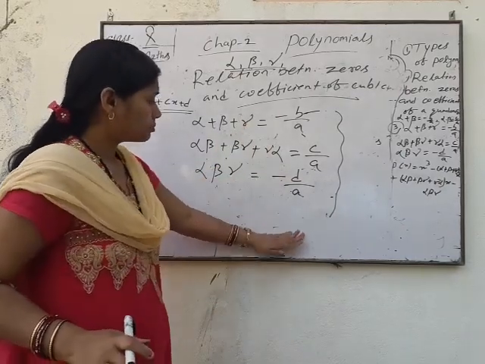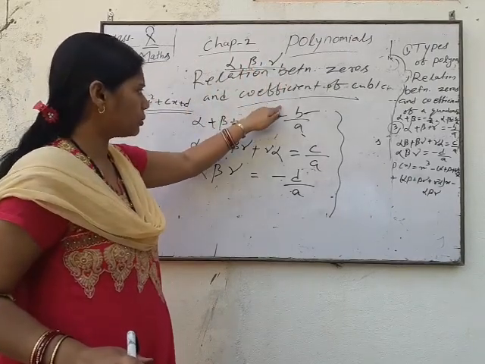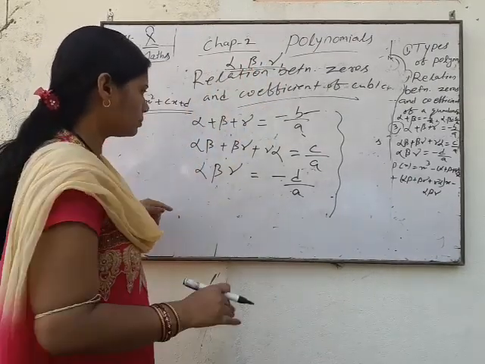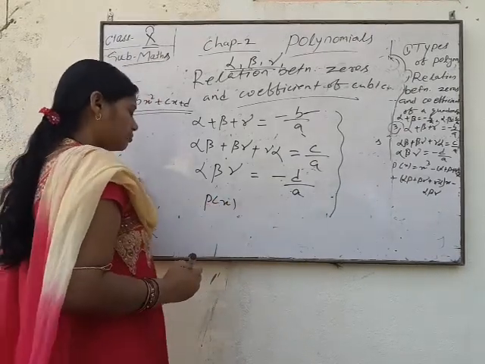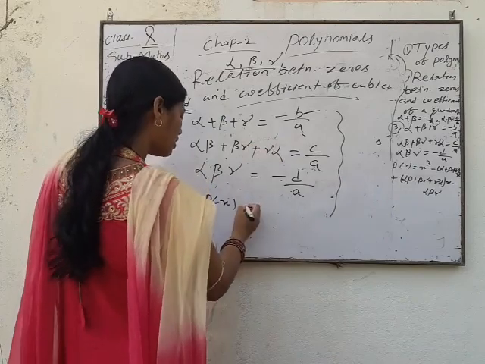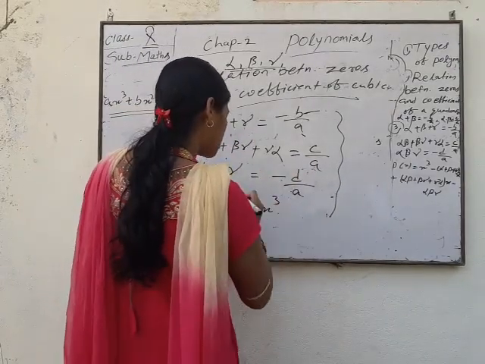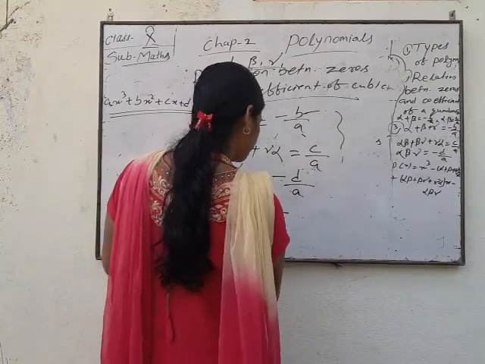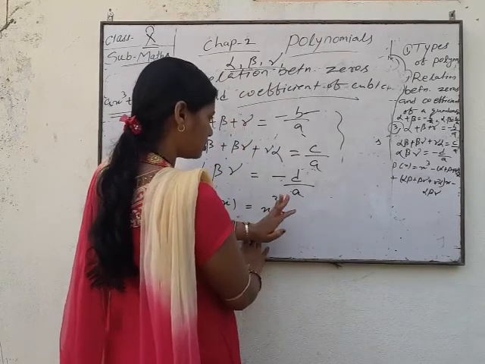If alpha, beta and gamma are the three zeros of a cubic polynomial, then what is the polynomial? It is p of x equals x cube minus (alpha plus beta plus gamma) x square plus (alpha beta plus beta gamma plus gamma alpha) x minus alpha beta gamma. This is the cubic polynomial where alpha, beta and gamma are given as the zeros.